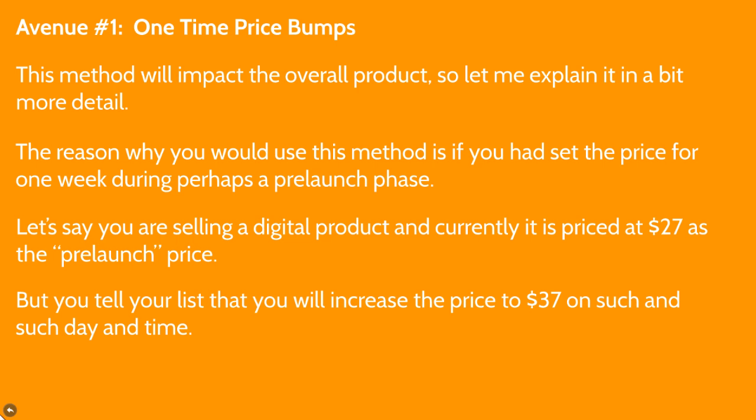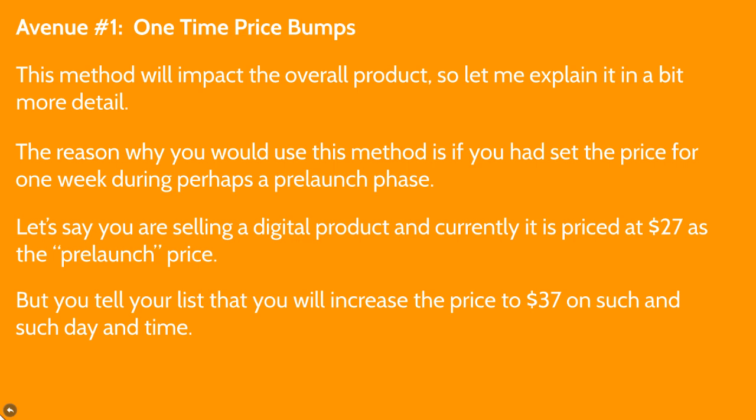Now, typically back in the day, you would have to wait till that exact moment and you would have to increase the price. Now with Jvzoo.com, you can actually set it to automatically increase the whole price for that particular product, which makes life easier, especially if you're away and you're on vacation, or even if you're running errands or something.